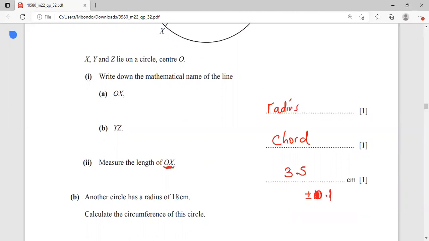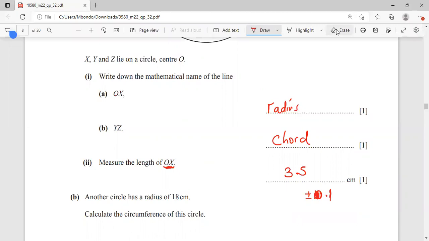Sometimes they give this kind of tolerance error, such that those that have written 3.4 can be considered maybe, but I don't think so, since this one it's kind of exact. So you may just need to write 3.5. But if you have to construct, they provide some kind of tolerance error. I don't think in this case they would.